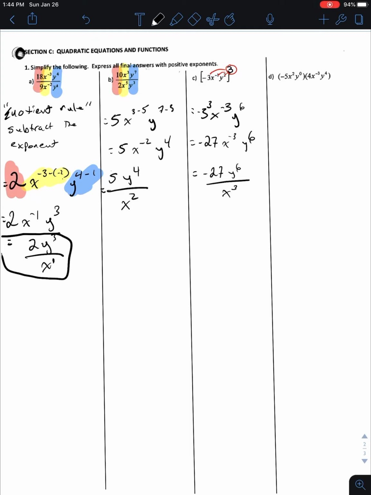And then x to the negative 3, y^6, and then, of course, negative 27 y^6 all over x cubed. I just gotta write myself down a little note.